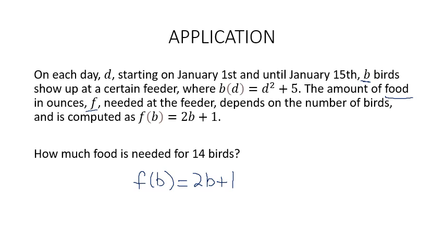So the amount of food we need for 14 birds is f of 14. And f of 14 is 2 times 14 plus 1, or 29. F of 14 is 29, which means that when there are 14 birds, you need 29 ounces of food.